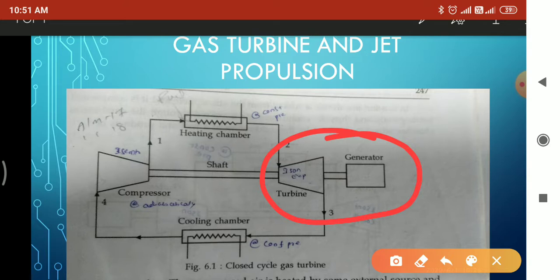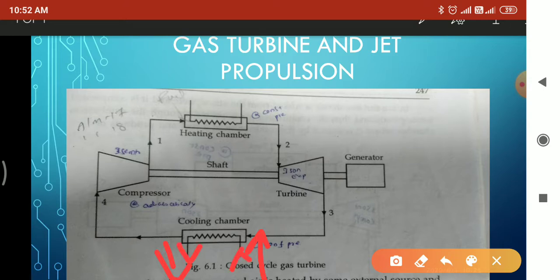the gas is sent to the cooling chamber, where the heat is removed by using water. Here there is cold water in, hot water out, meaning heat transfer takes place from gas to water. In this, there is a cold water inlet, and here there is a hot water outlet.